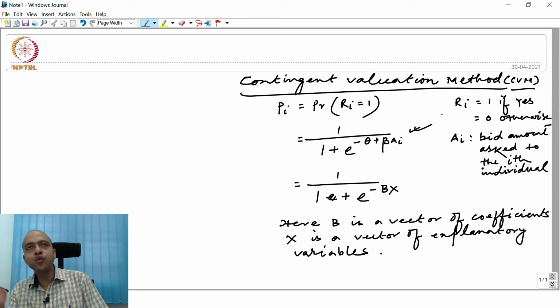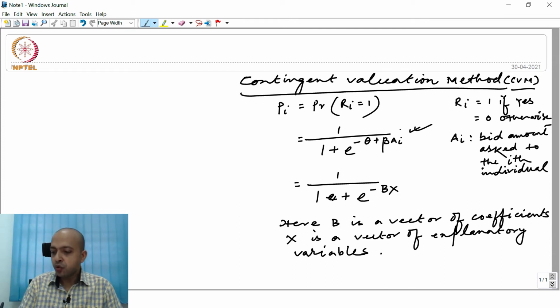Higher the bid, lower would be the probability of saying yes. But in the real world, when we generally conduct this type of study, apart from the bid amount or the price, we also consider the respondents' socio-economic and demographic factors to determine the probability of saying yes for a particular bid amount.